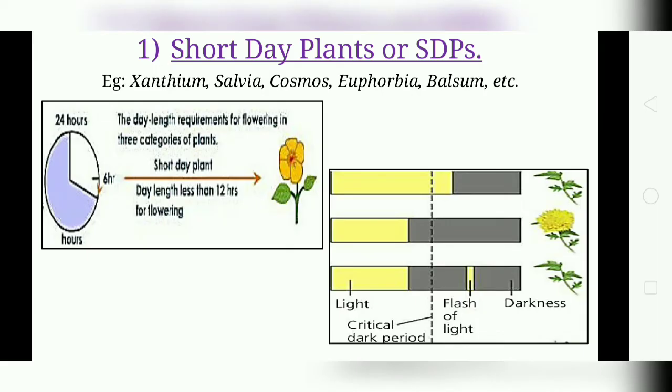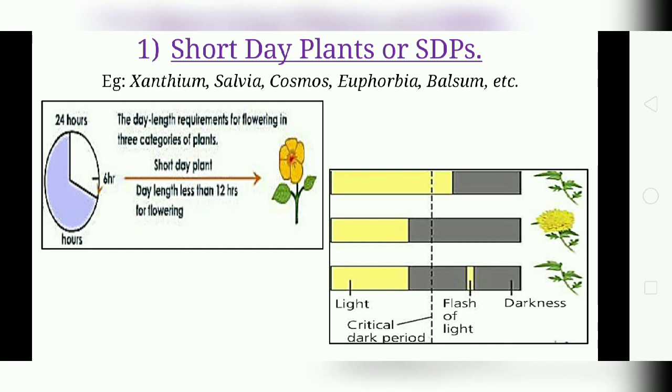Short day plants have some important characters. These plants flower in short day conditions, where the daylight is less than a critical period. Usually less than 12 hours is required for initiation of flowering in such plants, and hence they are known as short day plants.